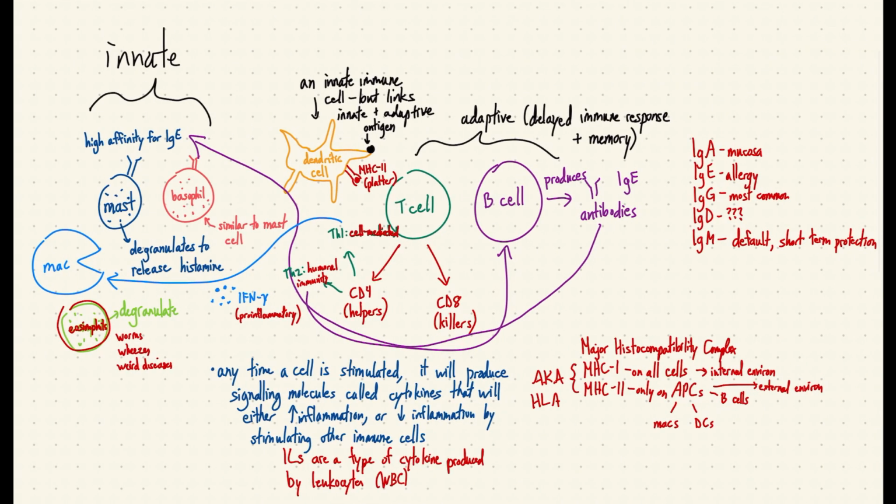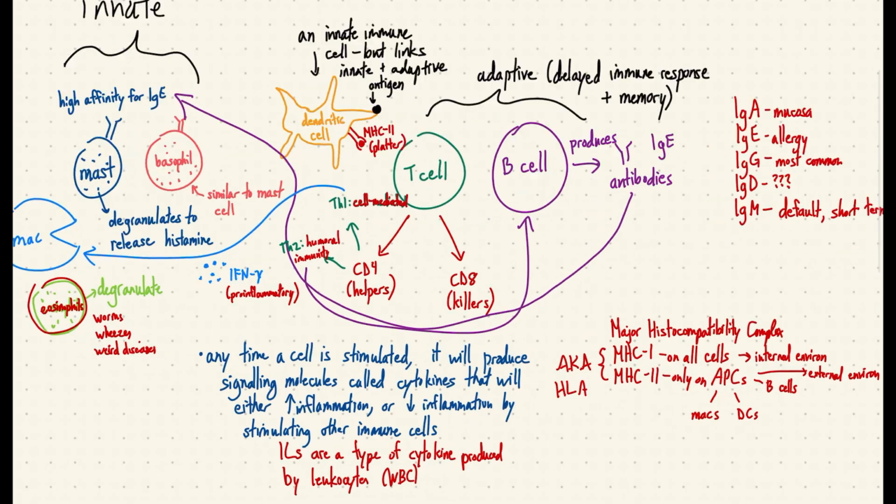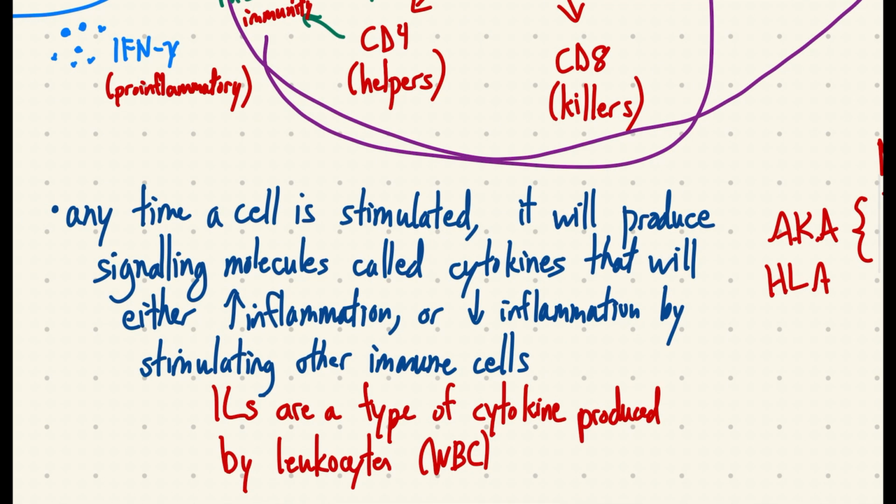In general, if you want a little more detail, you can say how cells talk to each other. And the way that cells talk to each other is through cytokines. Anytime a cell is stimulated, it's going to produce signaling molecules called cytokines, that will either increase inflammation or decrease inflammation by stimulating other immune cells.